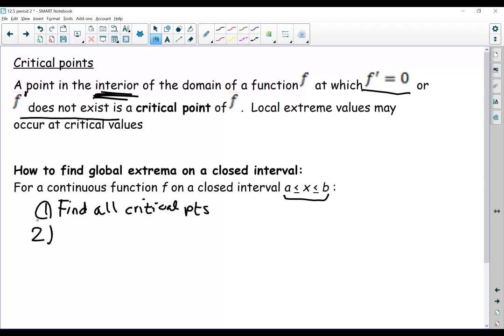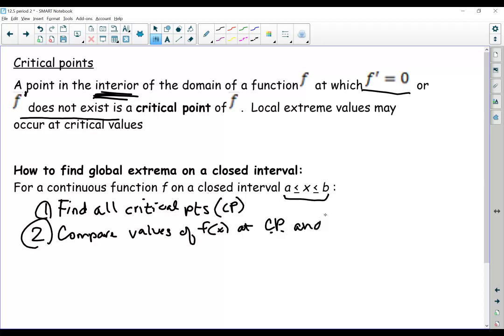And then what I'm going to do next is compare the values of the function at the critical points, which I'm just going to call CP, and endpoints. The fastest way to do that is by making a table, and a table is awesome because it actually counts as justification. It'll give you the reason why.